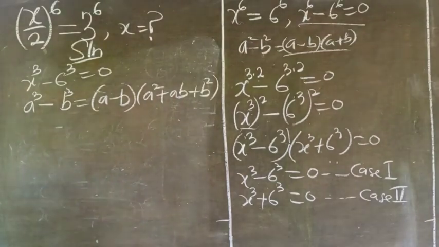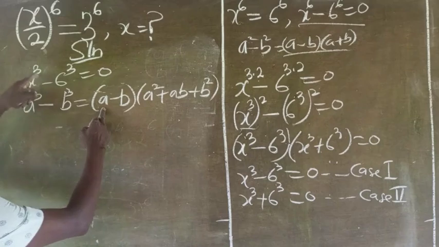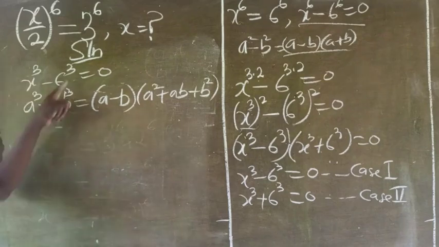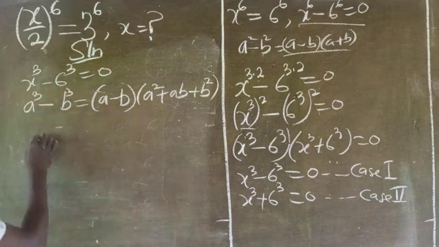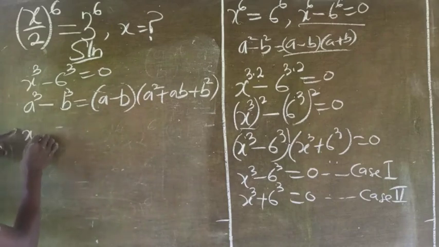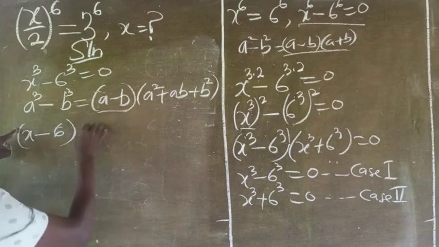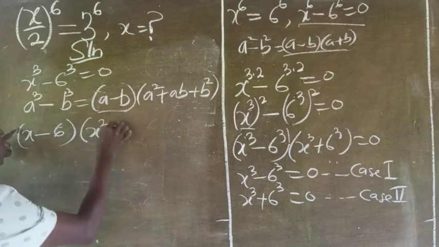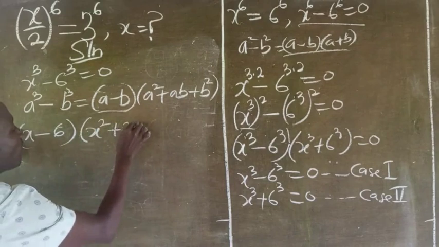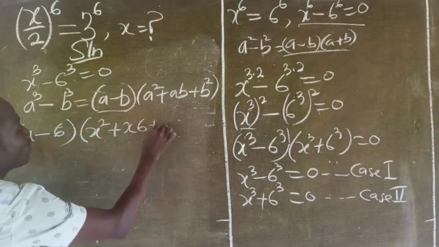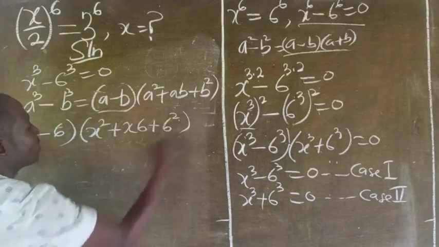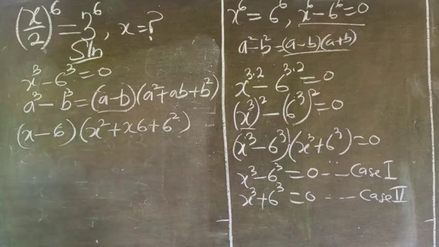So we're going to replace a with s and b with 6, and it becomes s minus 6 for this, and this becomes s squared plus s times 6 plus 6 squared.